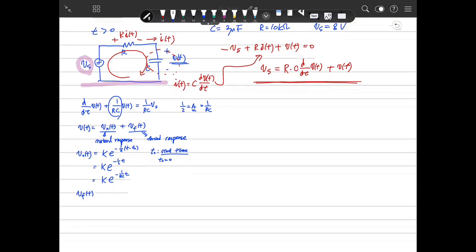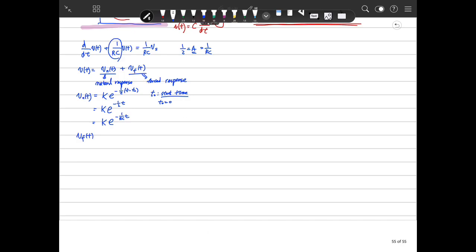So we can redraw the circuit as Vs, R, and this is open. Why? In the infinite time, the capacitor is open and the inductor is short. So there will be no current here. So Vt will be Vs. So the value is 8.